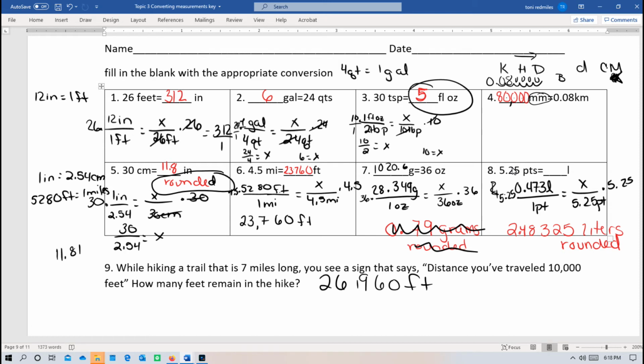So 5.25 times 0.473 is going to give me this big number. Now, if you wanted to round it to 2.5 liters, you could. I would have taken that. If you rounded your conversion to 0.5, then 5.25 times 0.5 would have been 2.625 as an answer. Okay?